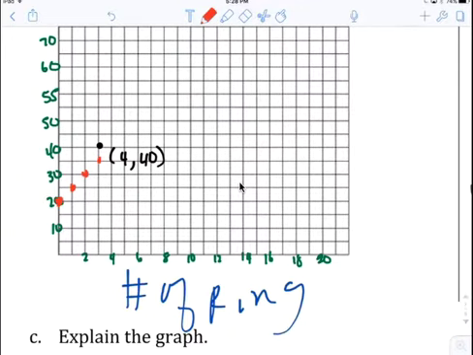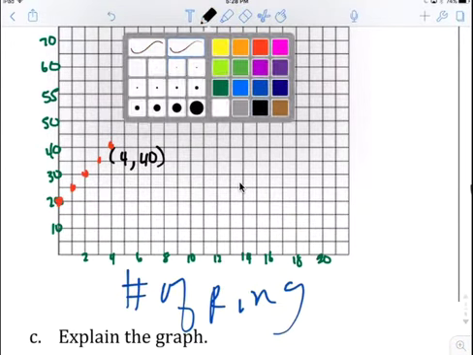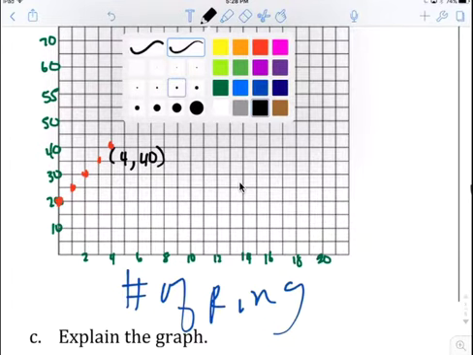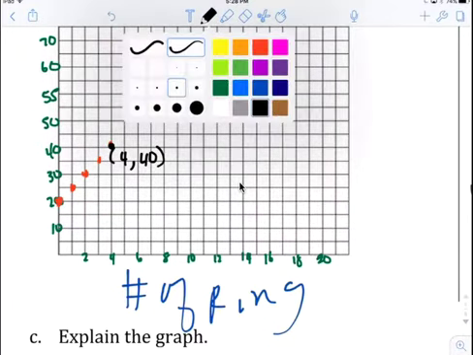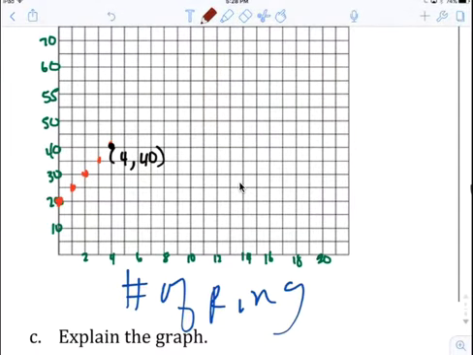Uh-oh, that's incorrect. Look. Oh, because that's 340. Okay, up 1. Oh, there we go. Like that. 5 over 1 each time.